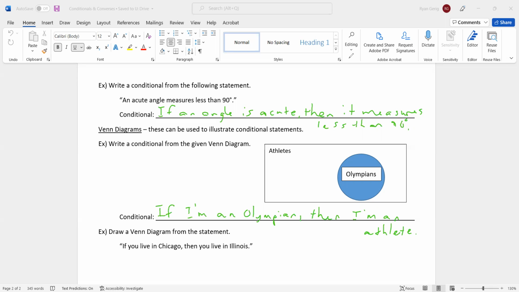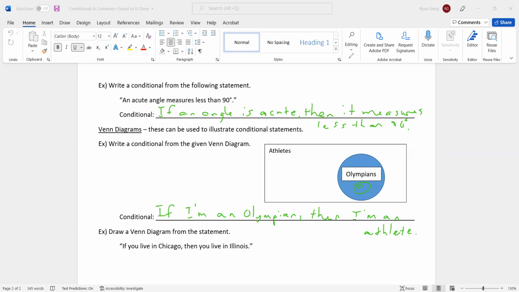Okay. So if I'm an Olympian, that means I'm in the blue circle, right? I'm right here. Which means I'm also in the big rectangle, which is the athletes. So if I'm an Olympian, then I have to be also an athlete.